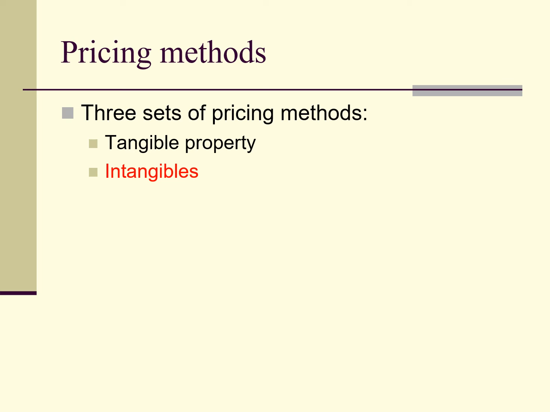The second set of pricing methods is for intangible property, such as patents and copyrights. And the third set of pricing methods is for services. All of these methods are discussed in the text, and we will not go into them here. What we want to do here is discuss the basic methodology for testing transactions using specific pricing methods.